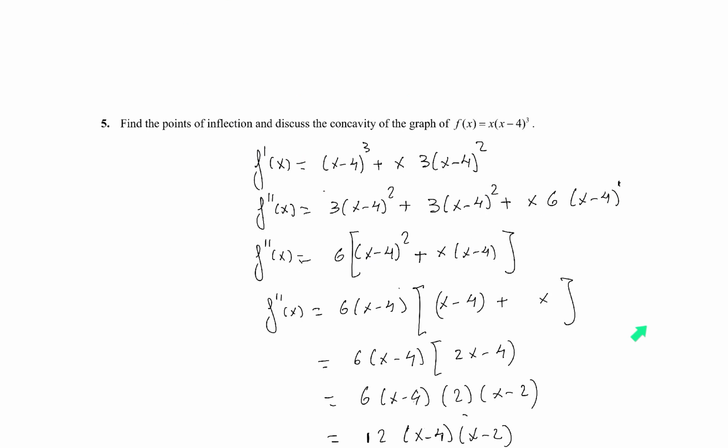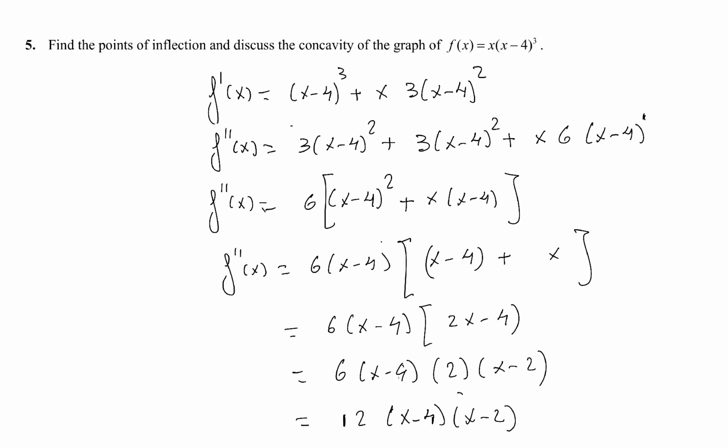The next problem says to find all the points of inflection and discuss the concavity of the function x multiplied by (x minus 4) cubed. What do we have to do? The same: find the second derivative, see in what intervals it is positive, when it is 0, and when it is negative. Finding the second derivative uses the product rule and the power rule, mixed.